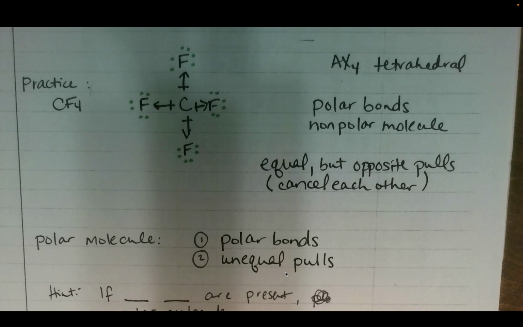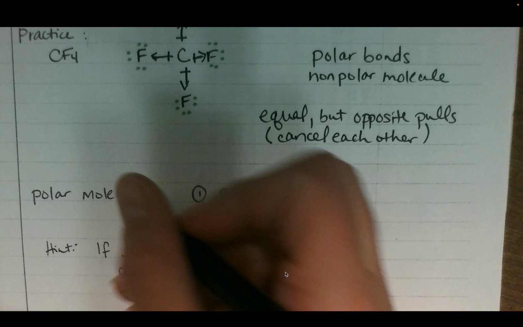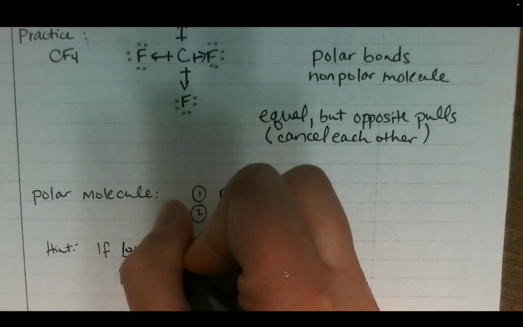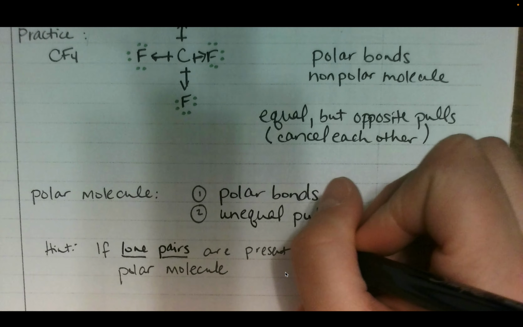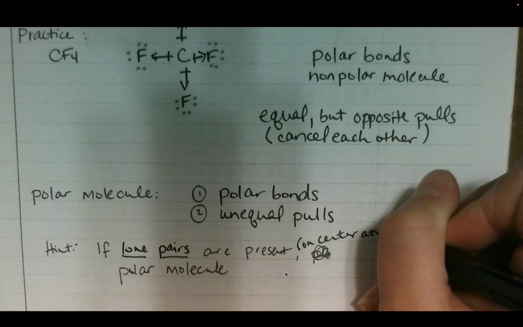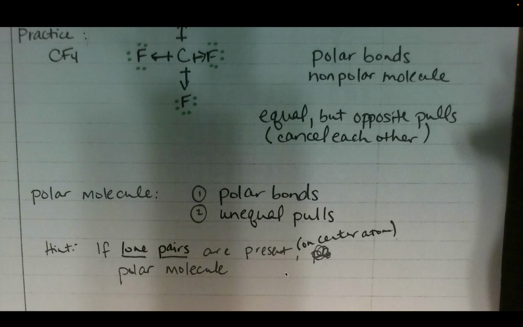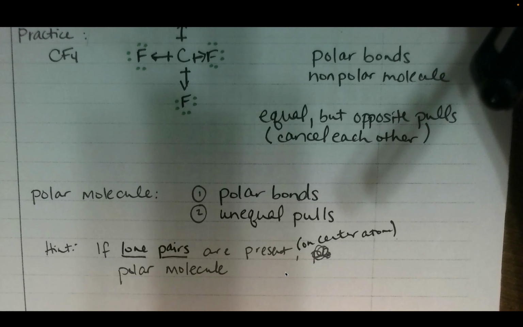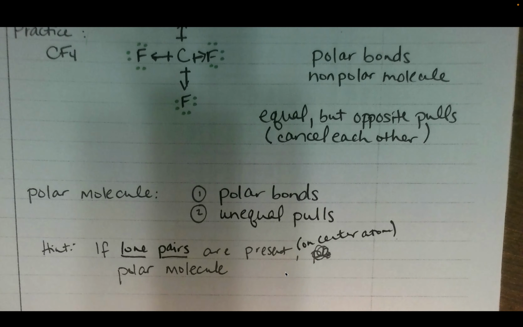Quick hint: if lone pairs are present on that center atom, it's a polar molecule. That's a helpful hint. Now, I'm going to flip this page over because I'm saving paper, and we're going to do a couple more examples.